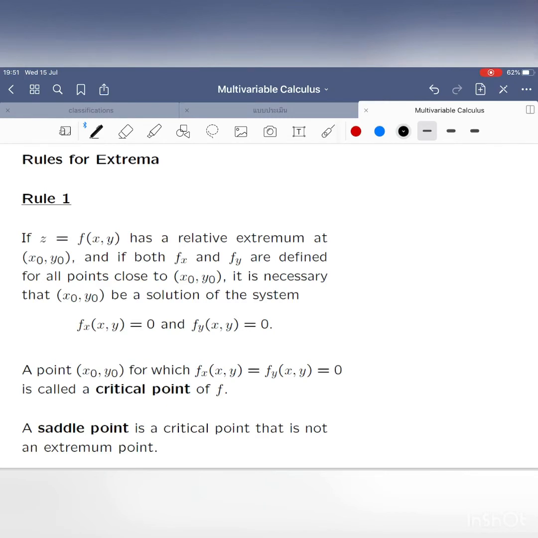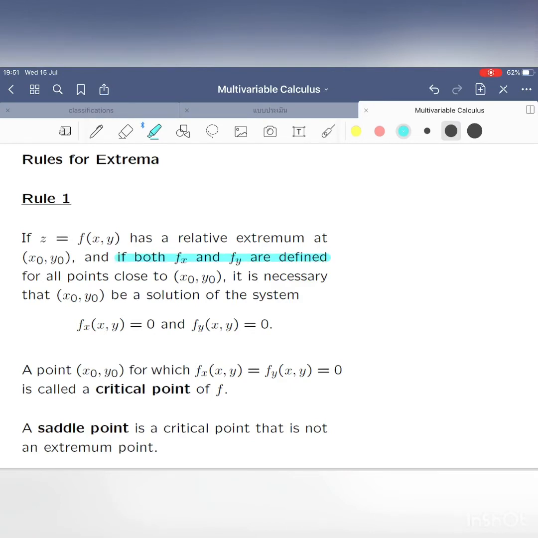The first rule says that if your z equals f of x, y has a relative extremum at the point x0, y0, and, this is very important, if both f sub x and f sub y are defined.